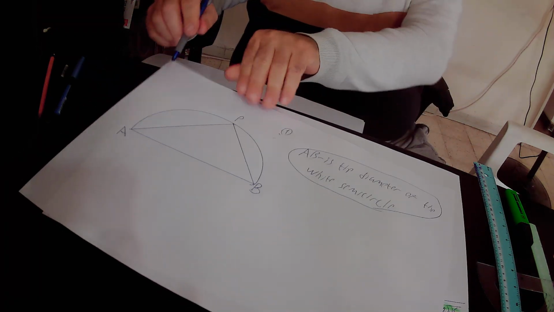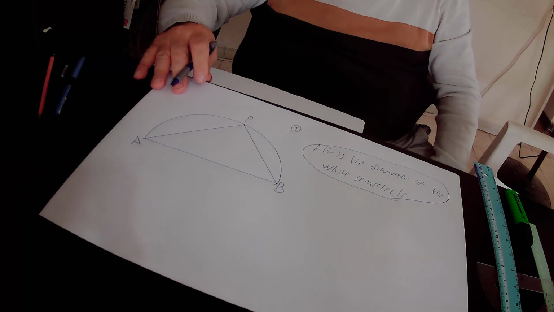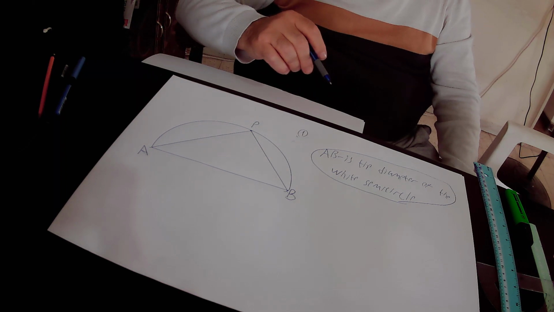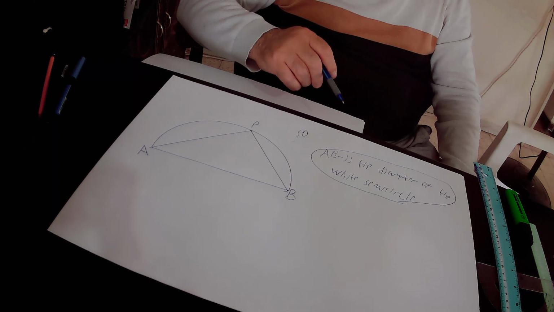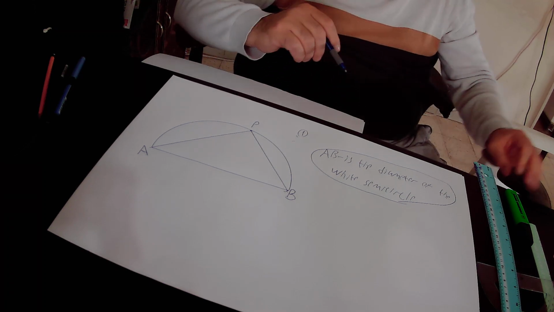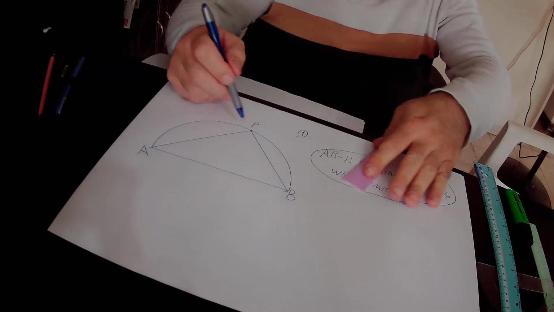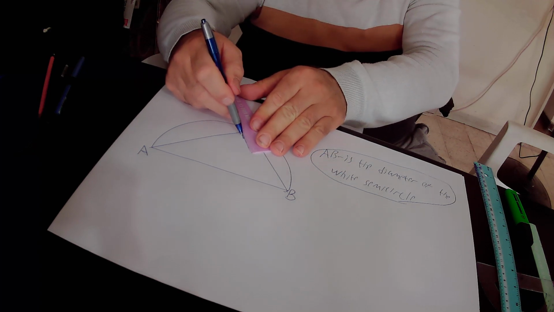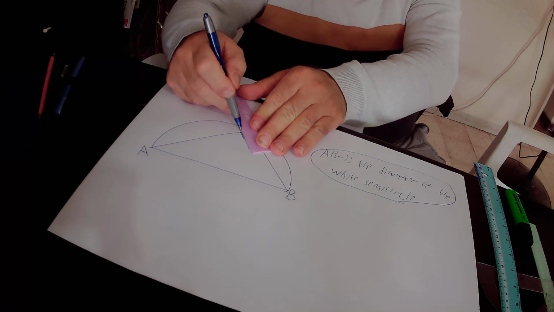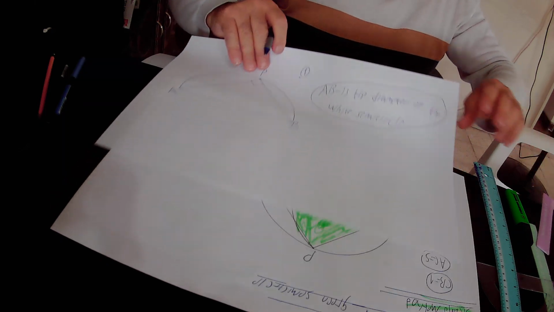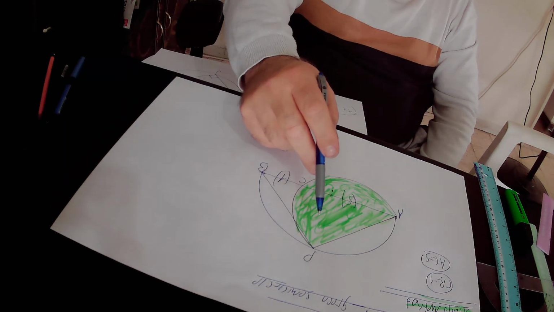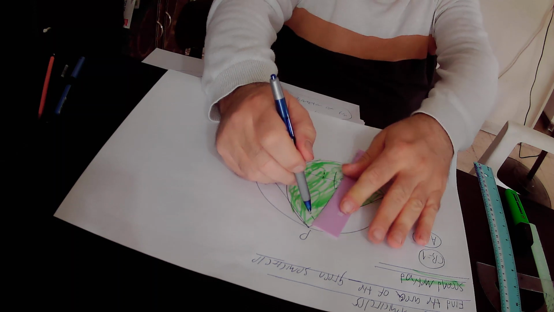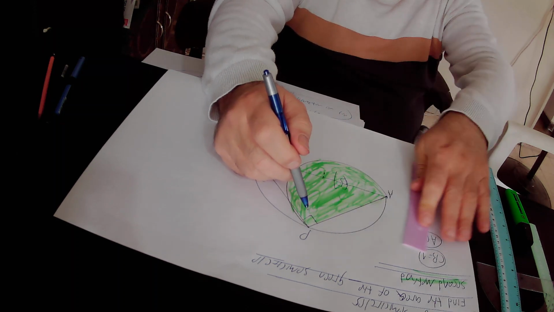Peripheral angle APB is subtended on AB, that is the diameter of this white semicircle. Therefore, peripheral angle APB must be equal to 90 degrees according to rule 7. So this peripheral angle APB is a right angle.